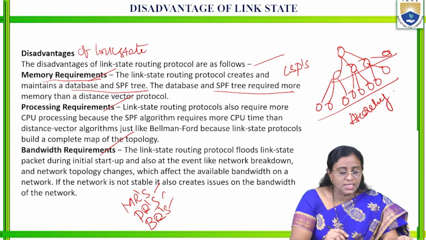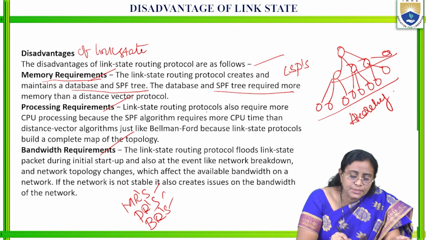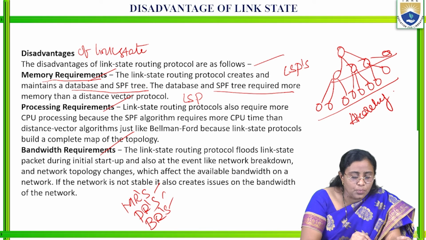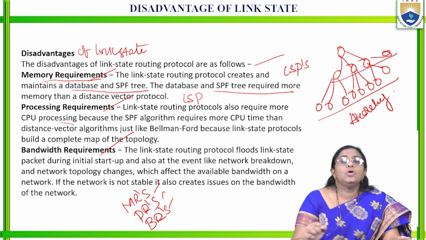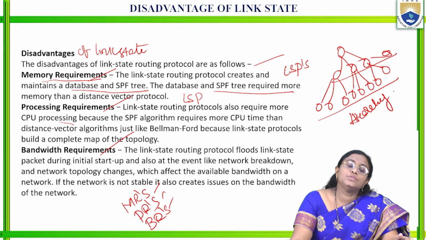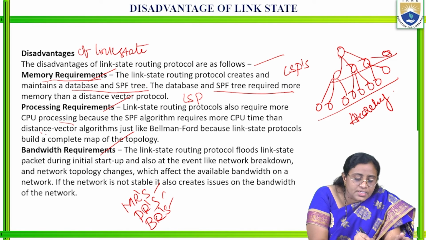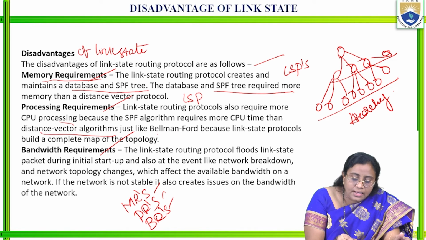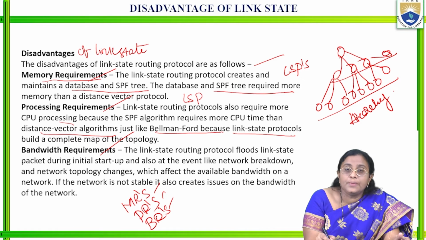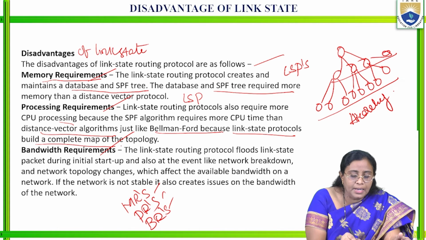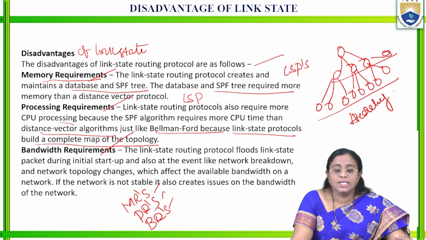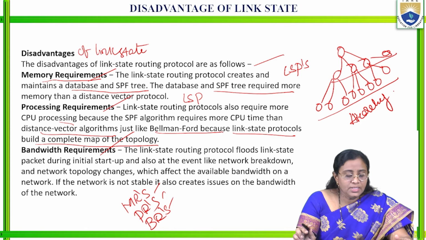Coming to the processing requirements, link state routing protocols also require more CPU processing because the SPF algorithm requires more CPU time compared with the distance vector algorithm, like Bellman-Ford. Link state protocols build a complete map of the topology. So the processing requirement means it requires more CPU time.